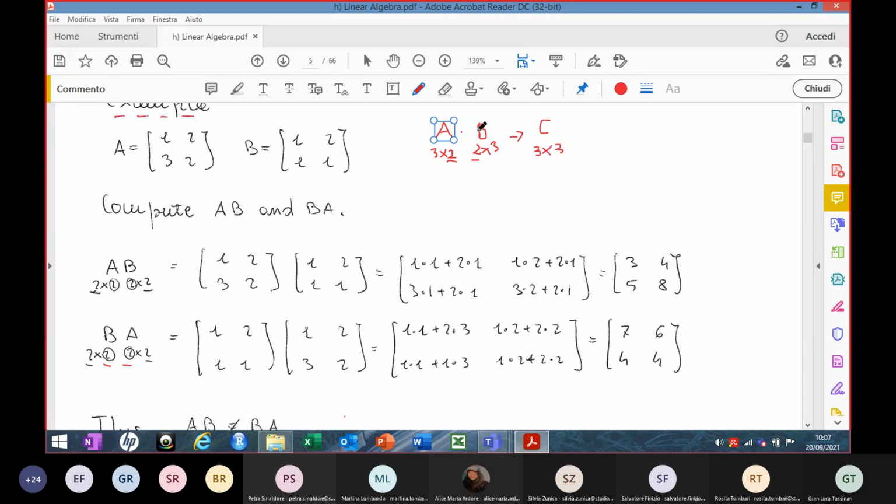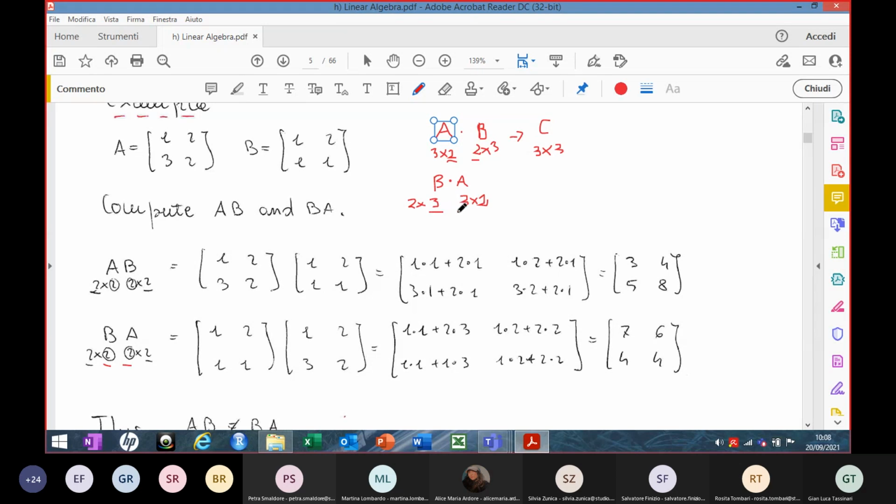Is the product B times A feasible? B times A. B is a 2 times 3. A is a 3 times 2. You see, the product in this case is, again, feasible.